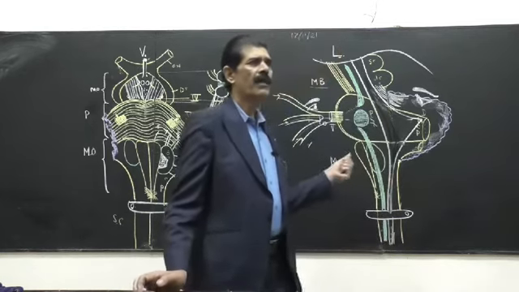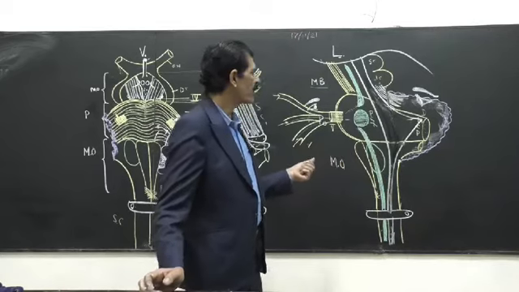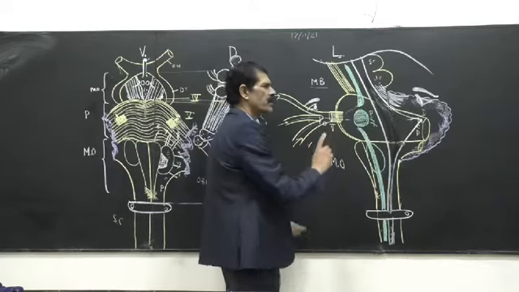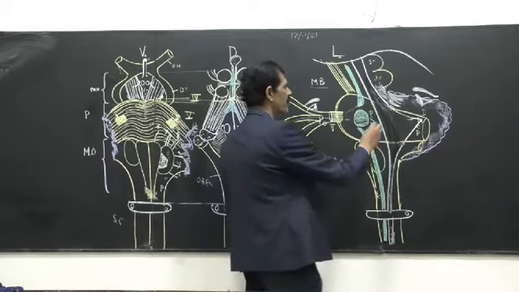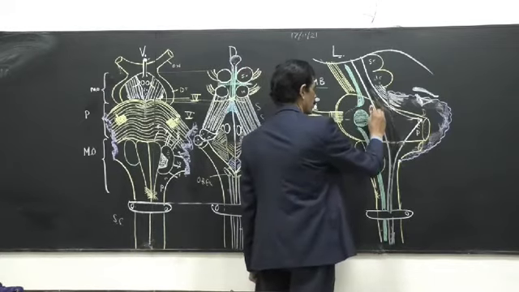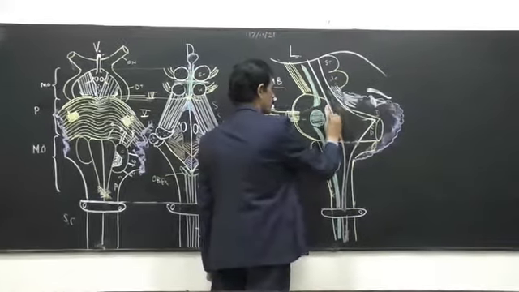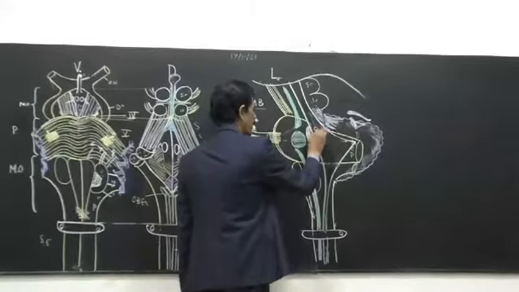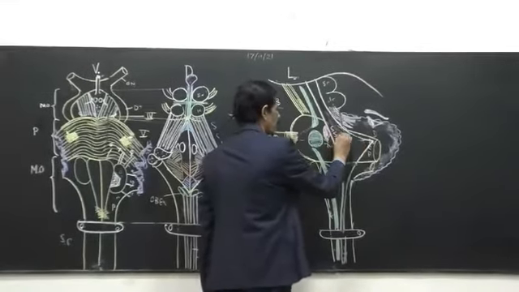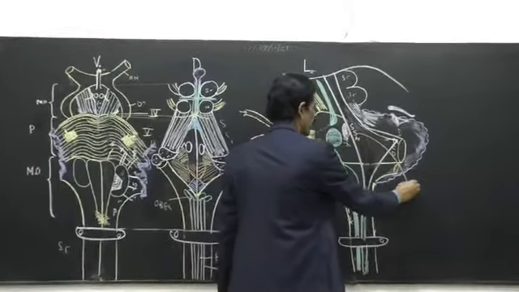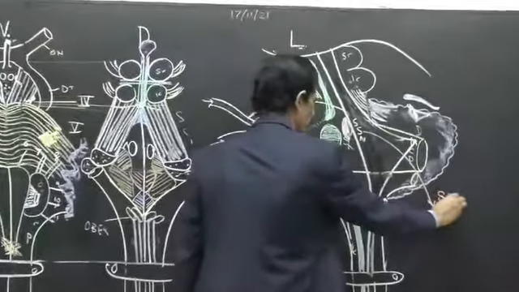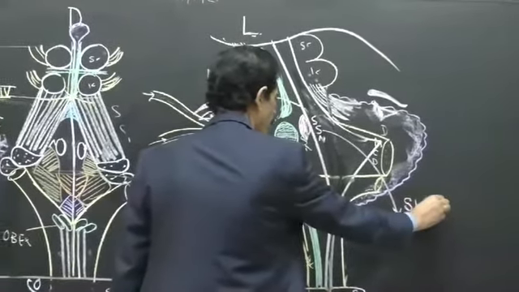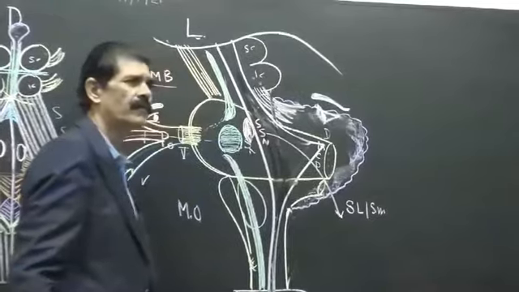Pterygopalatine. So now we will compile it. Refresh your knowledge of the head and neck. This superior salivary nucleus is situated in the pons, and it is responsible for controlling saliva of the sublingual and submandibular gland.